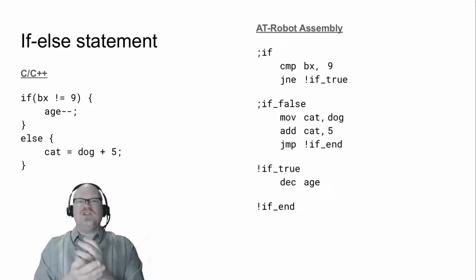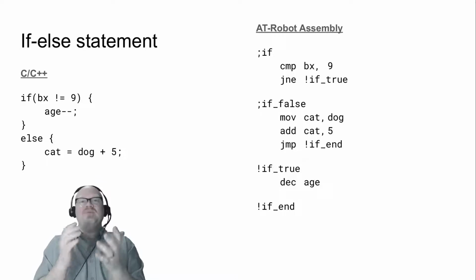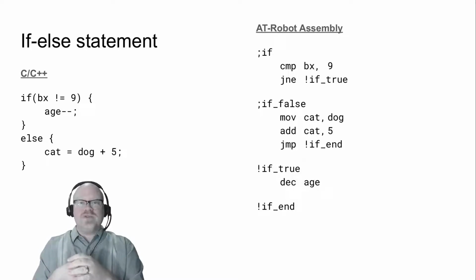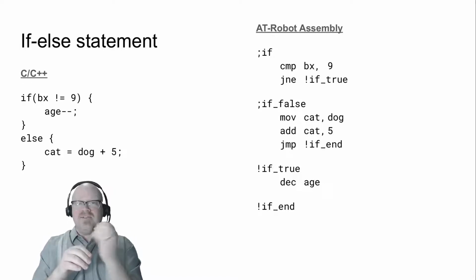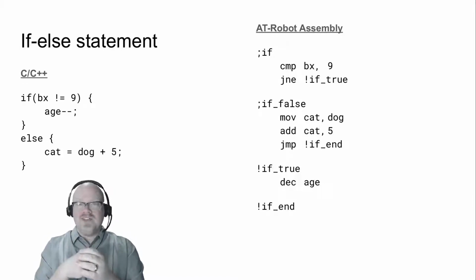So when you learned your high-level language and started to learn about if statements that have else's, if you had a quality instructor or a quality textbook or both, hopefully, they probably told you a very simple idiom. Whichever of those two conditions is going to run most frequently, make that the true part of the code, meaning modify your condition so that the true portion of your if-else is the code that is going to run the most frequently.